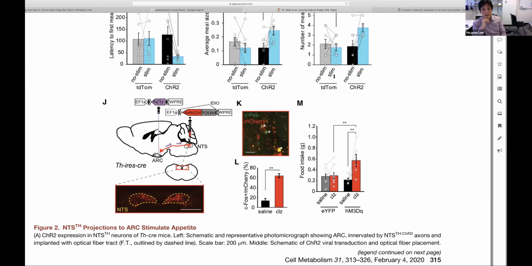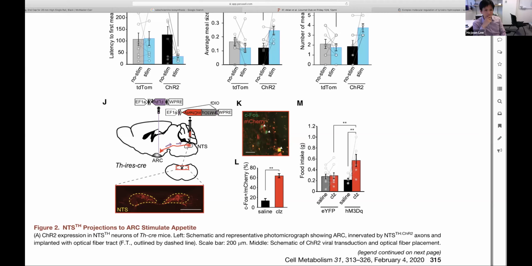So then the Cre, so in the NTS, you would have, you guys can draw this out, but you'll need the Flp. Right? How does this work?